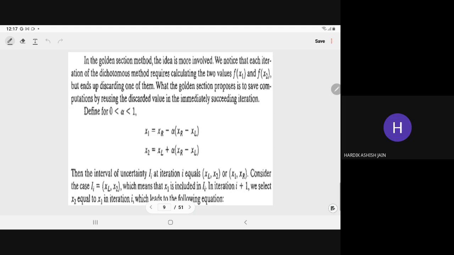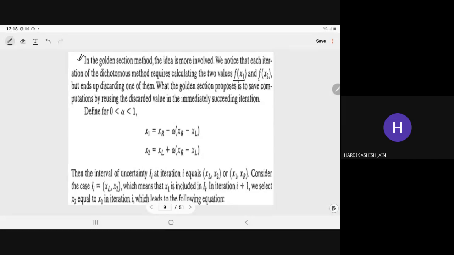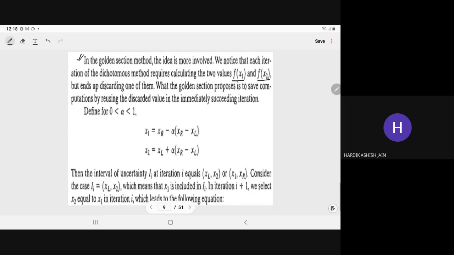In the golden section method the idea is more involved. We notice that each iteration of the dichotomous method requires calculating the two values f(x1) and f(x2), but ends by discarding one of them. The golden section method proposes to save computation by reusing the discarded value in the immediately succeeding iteration.